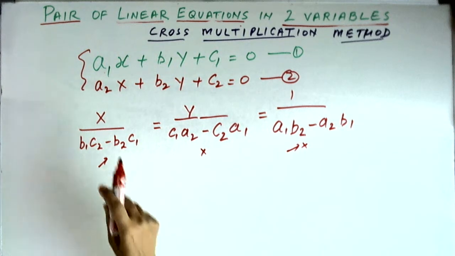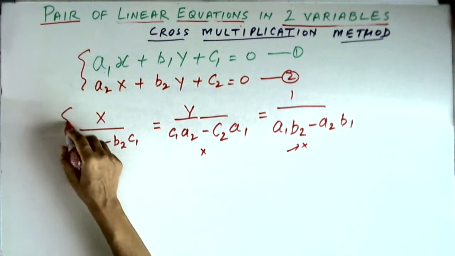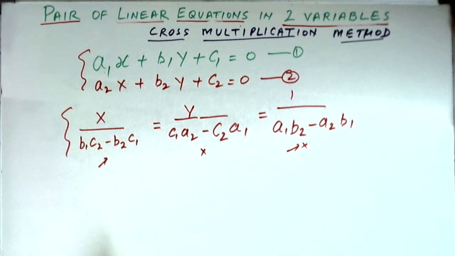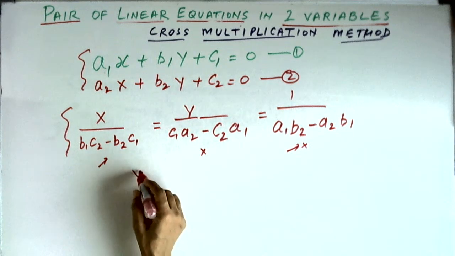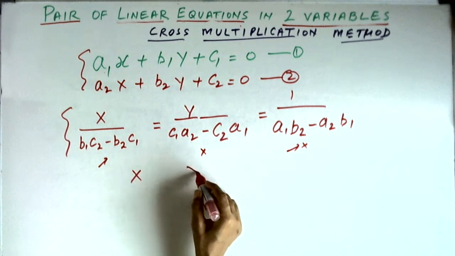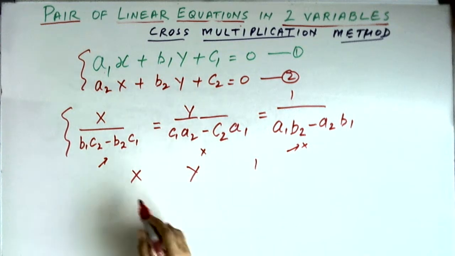So we can remember this formula by writing what we call cross multiplication. That means x, y and 1.